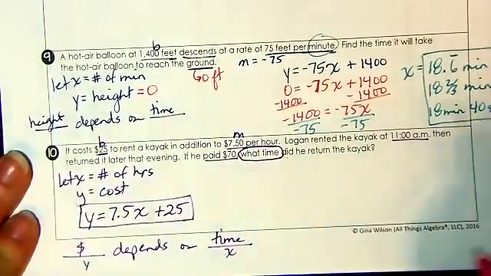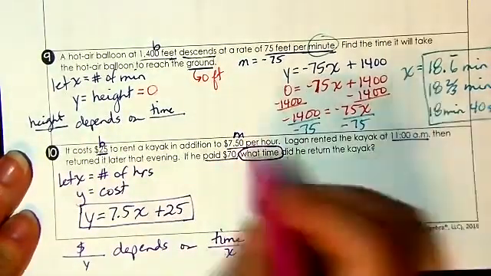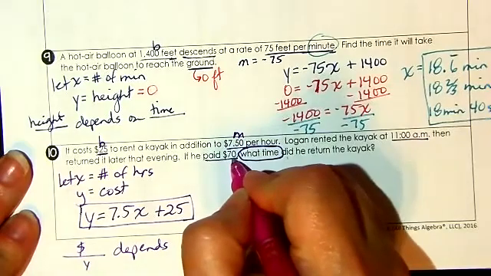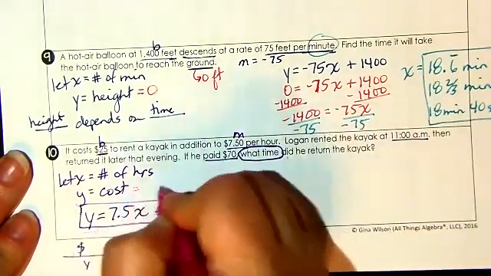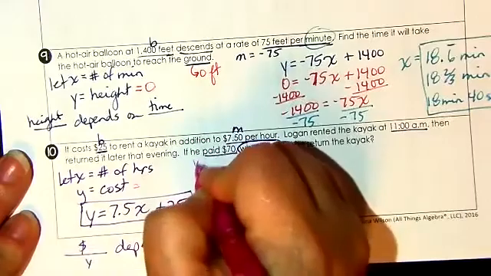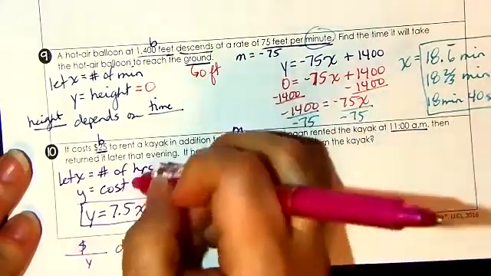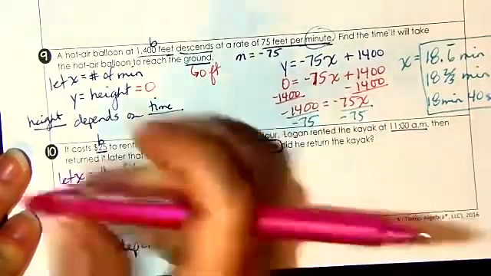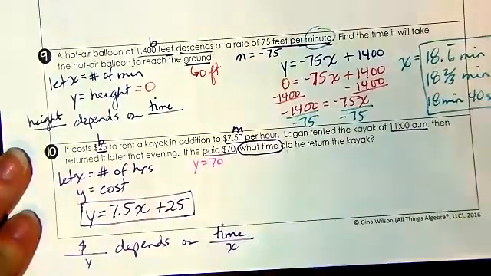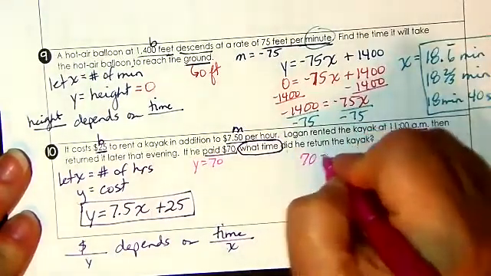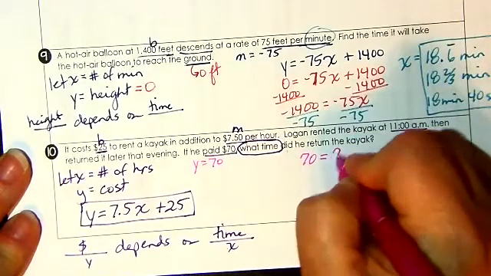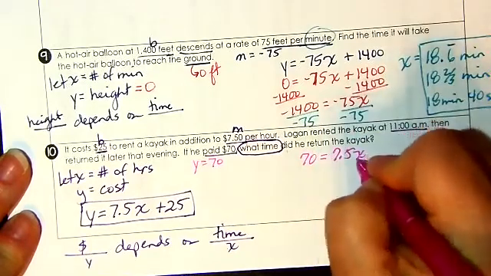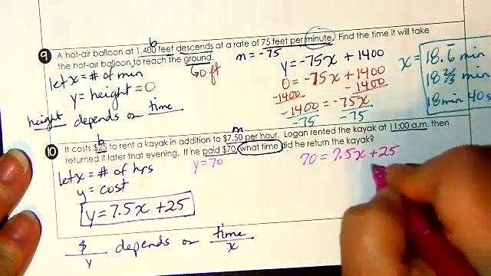And now I have to look at what else we have here. Okay, so paid $70. That means y equals 70. So I'm going to now plug in the information. So I'm going to have 70 equals 7.5x plus 25.